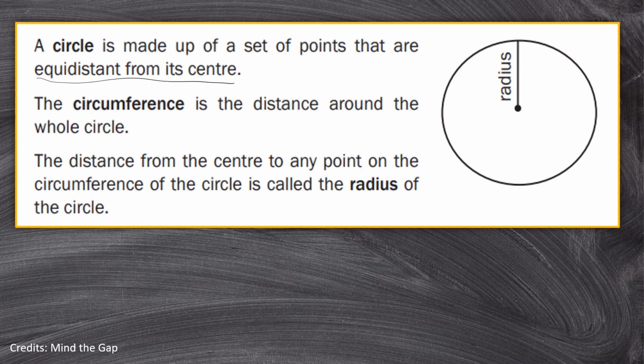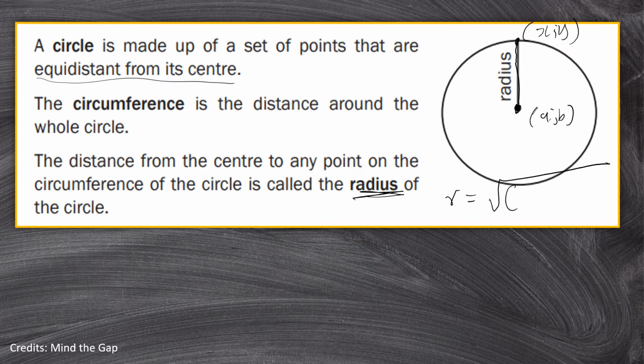And we know that the distance from the center to any point on the circumference of the circle is called what? It's called the radius, right? And we know that all radii are equal. So we know that this is a distance from the center to the circumference. So how can we get that distance? If we have a point here, let's say (a, b), and we have another point here, maybe (x, y), then to get the length of the radius, we can use the distance formula, right?